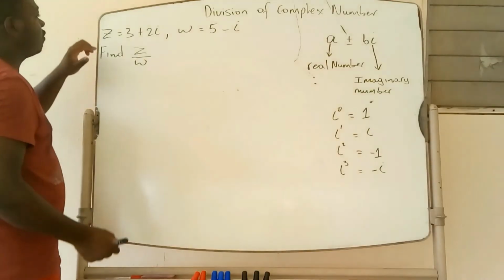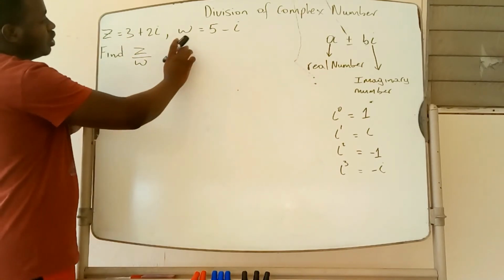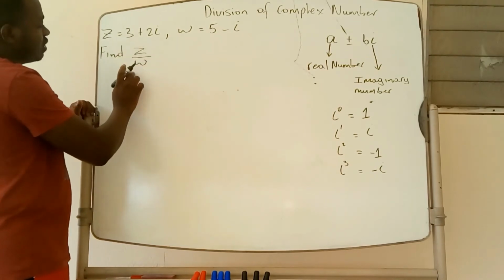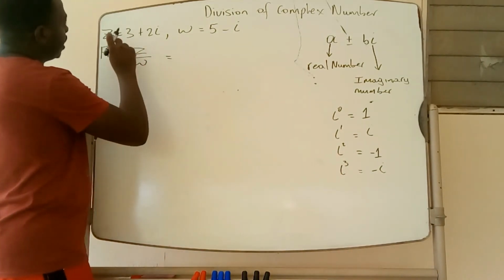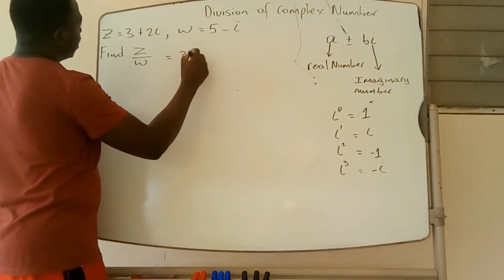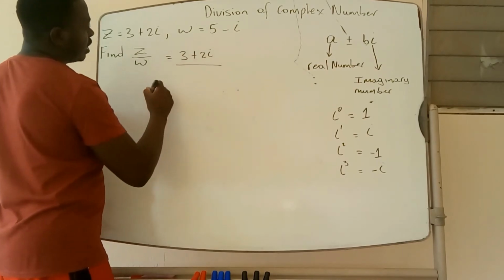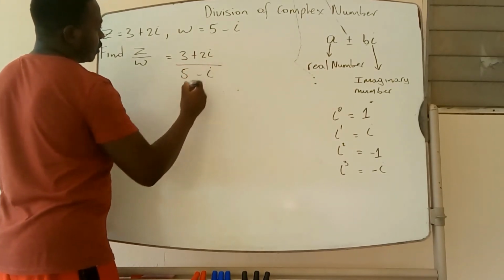So now we have z is equal to 3 plus 2i, and w is equal to 5 minus i. And we're asked to find z divided by w. So this is going to equal z, which is 3 plus 2i, all divided by 5 minus i. Right?